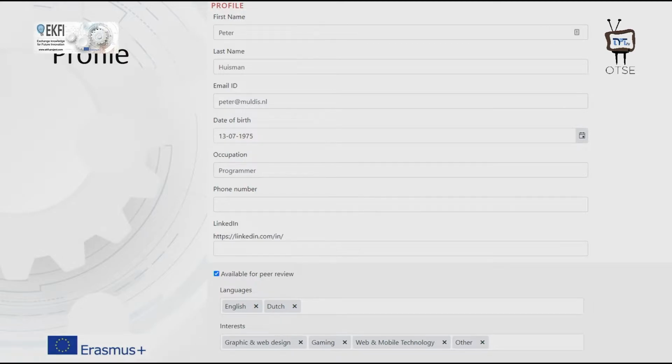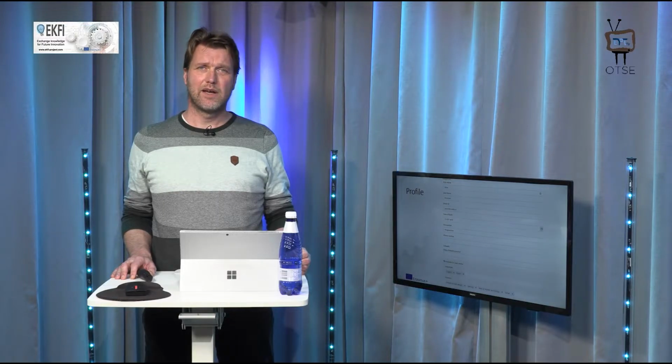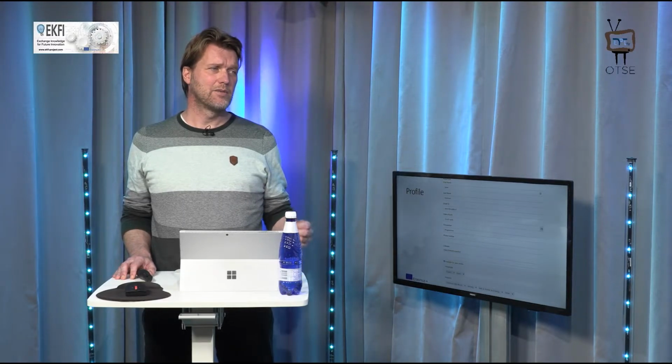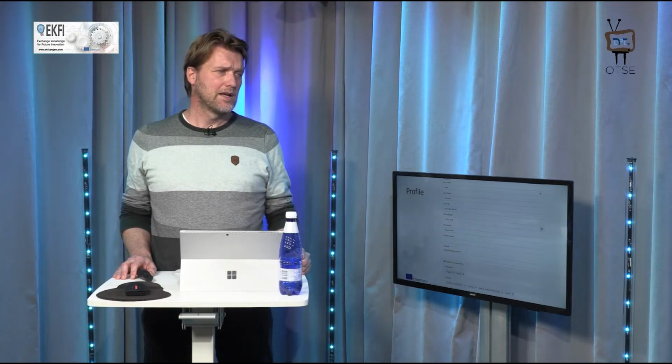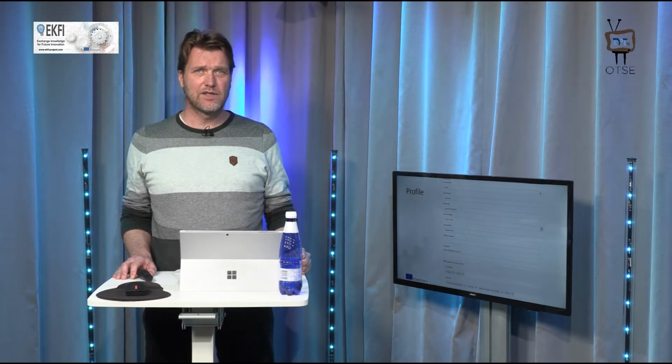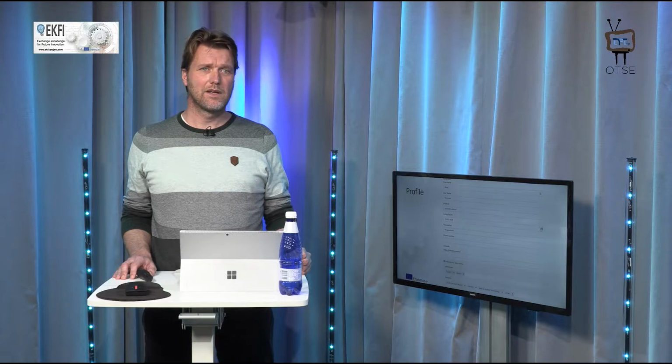When you edit your profile, you'll see all these fields. You can also add your LinkedIn, so people can find you when they think you have interesting material or they want to exchange views outside of the platform. They can contact you by LinkedIn. You can also add the languages you are comfortable with.